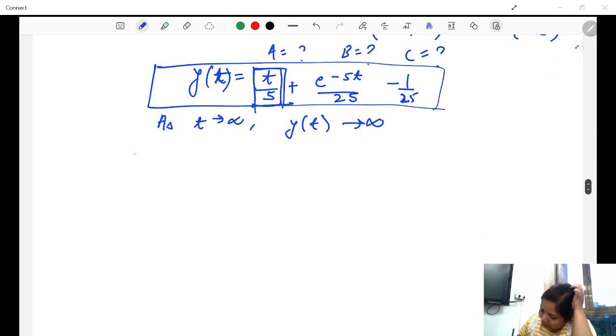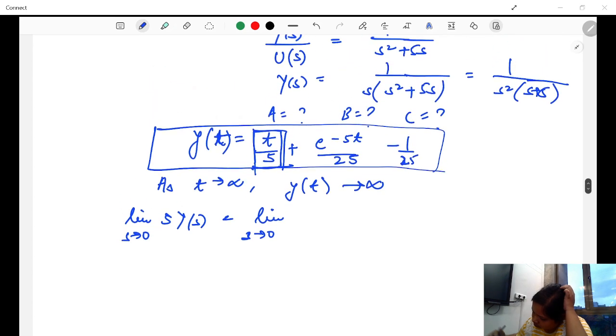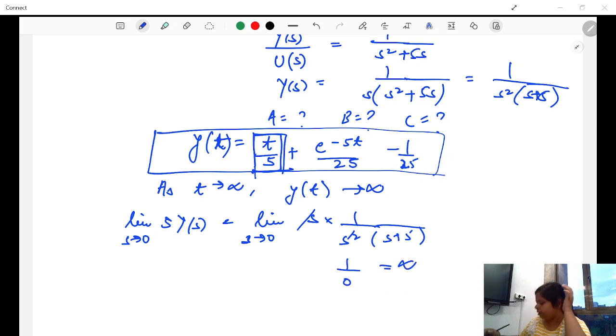When you use the final limit theorem, what you get is limit s tends to 0 s of Y(s). So what you have is limit s tends to 0 s into 1 by s square into s plus 5. You cancel out 1 s and then you get 1 upon 0, which is infinity.